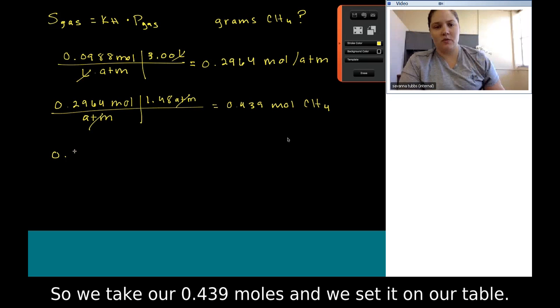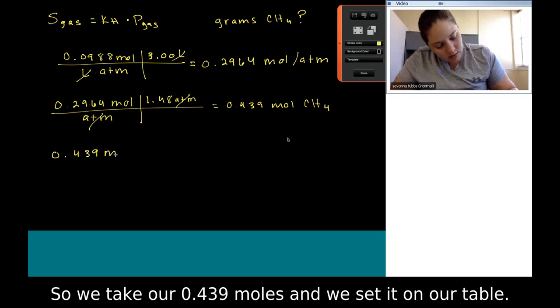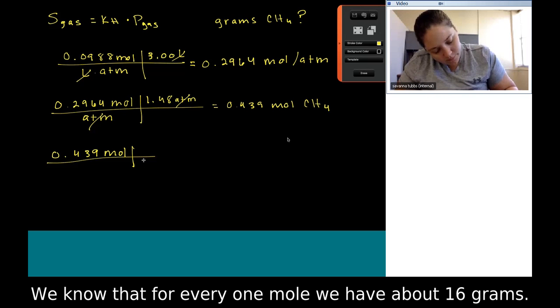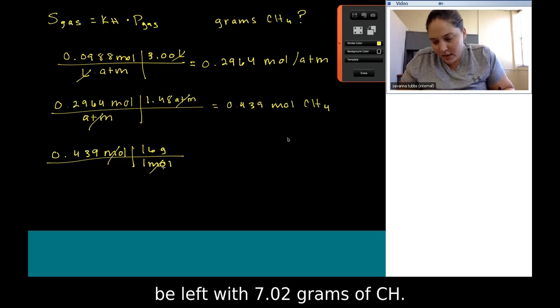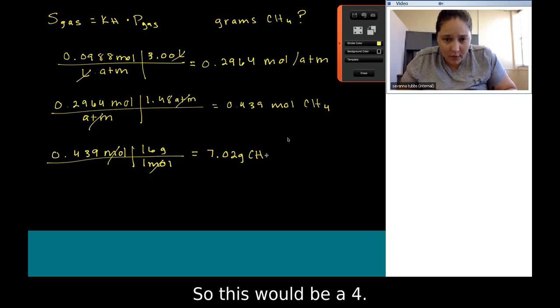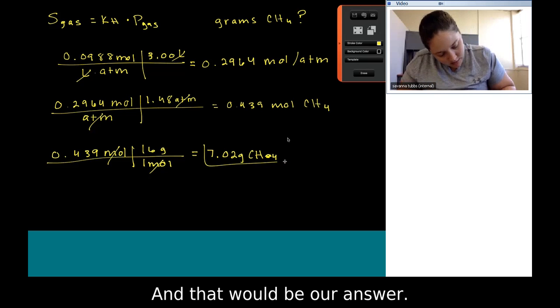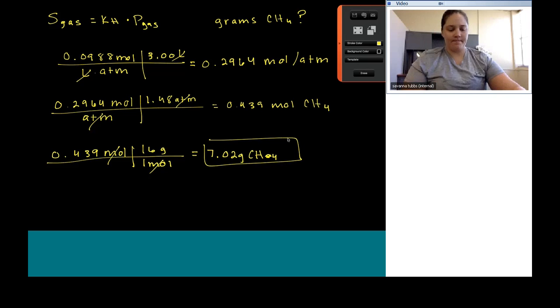We take our 0.439 moles and set it on our table. We know that for every 1 mole, we have about 16 grams. So our moles will cancel out, and we'll be left with 7.02 grams of CH4. And that would be our answer.